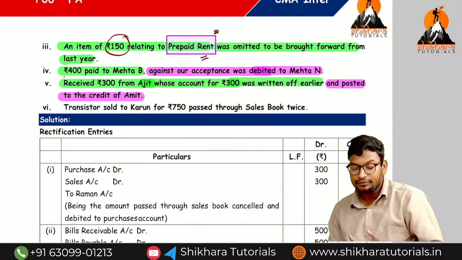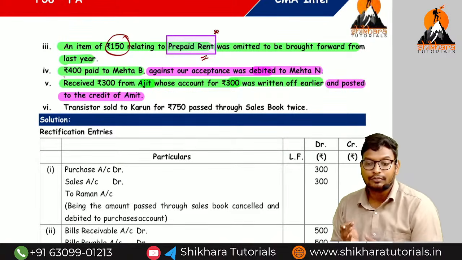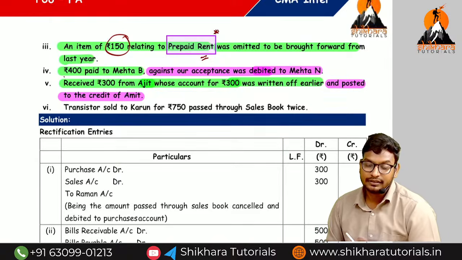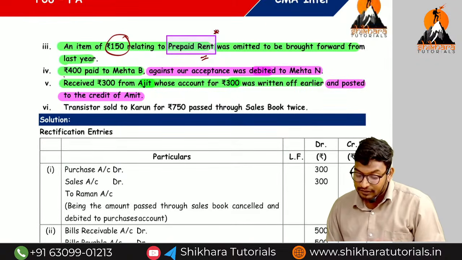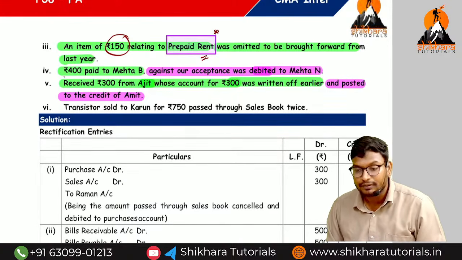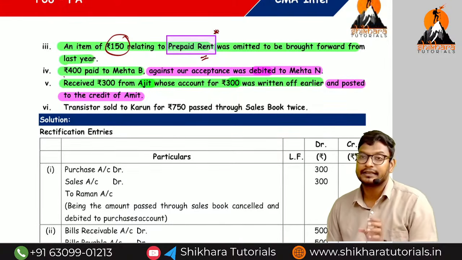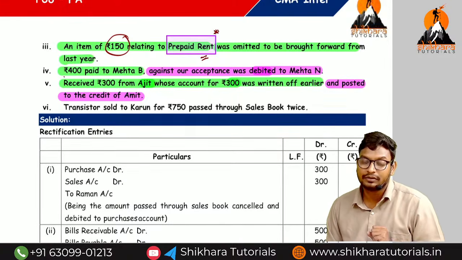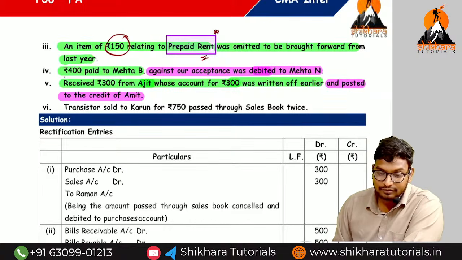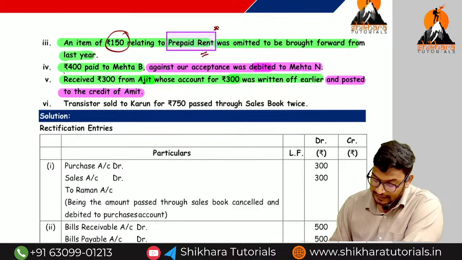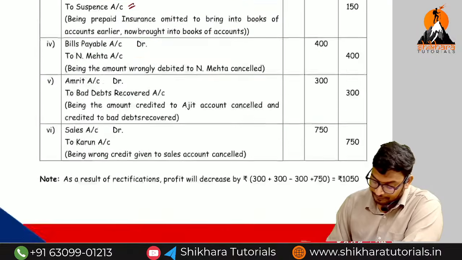So we have received bad debts recovered. What is the bad debts recovered entry? Cash or bank account debited to bad debts recovered account. Instead of recording this, they have posted to the credit of Amit account. So in the credit side of the recovery account, they have not recorded. They have recorded in Amit account. I will explain you, no problem.